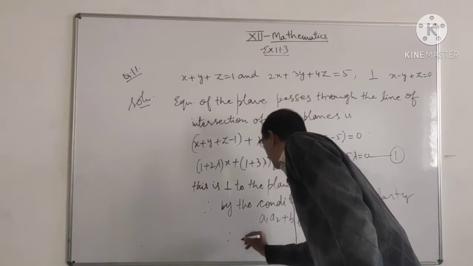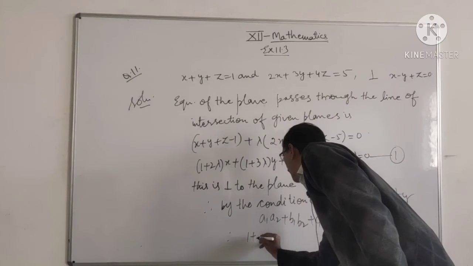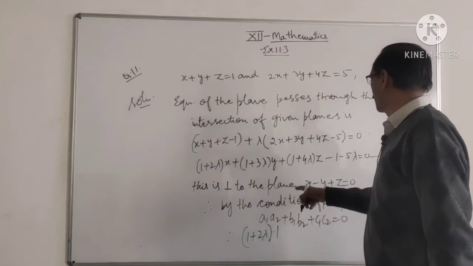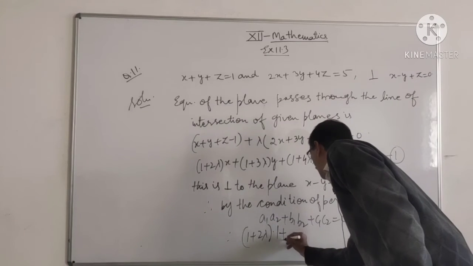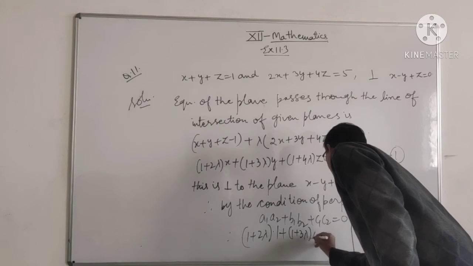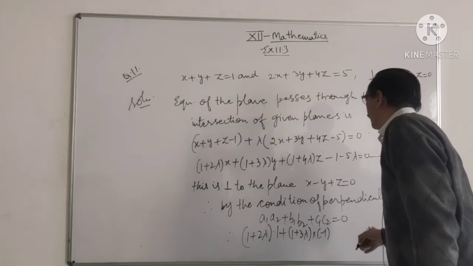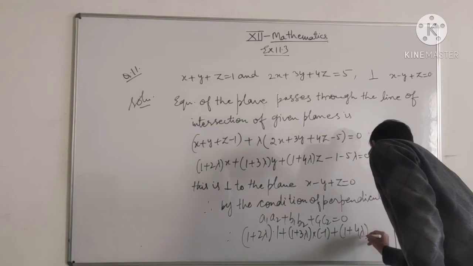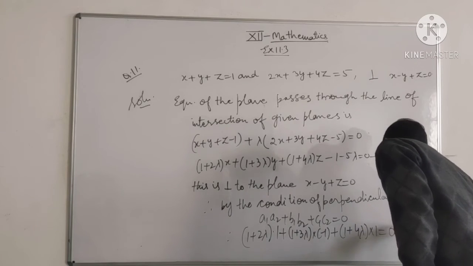Therefore, it is 1 plus 2 lambda into 1 plus 1 plus 3 lambda into minus 1 plus 1 plus 4 lambda into 1 equal to 0.